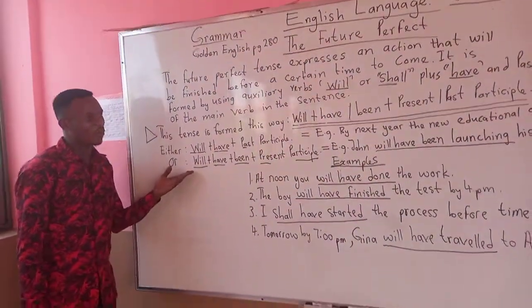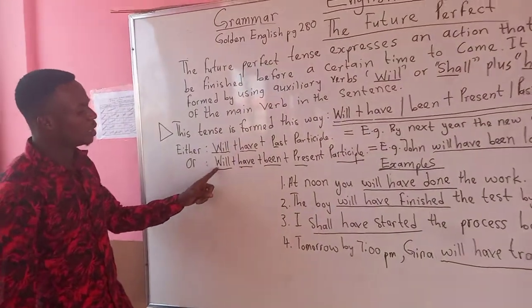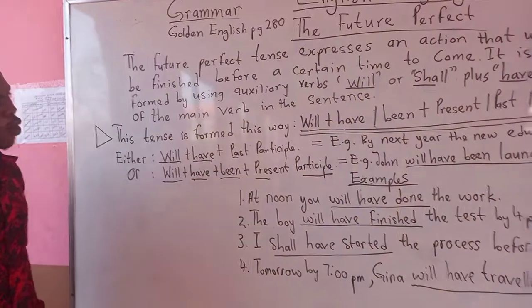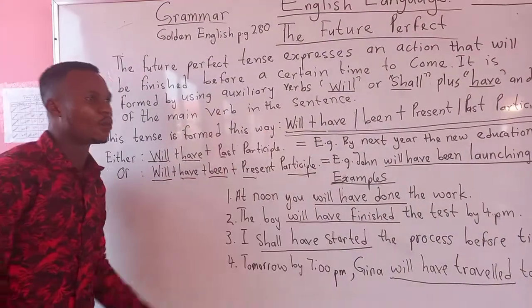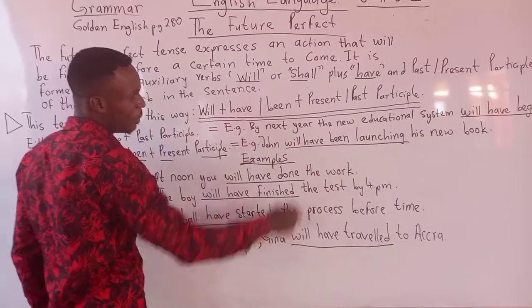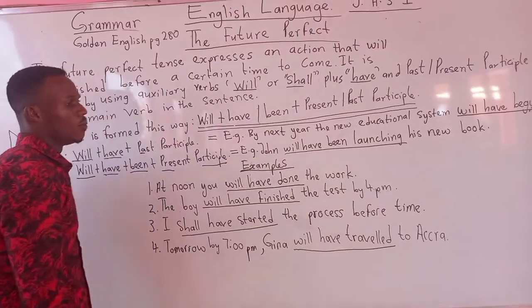And we come to the second one, which says we have will plus have plus be plus present participle of the main verb. I have the example also there. So we have: John will have been launching a new book.